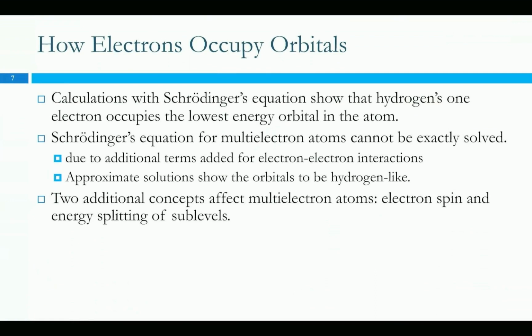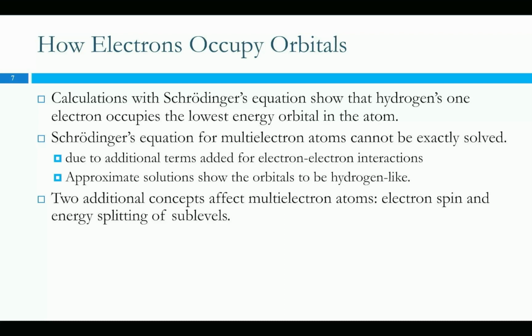And we talked about Schrodinger's equation. So for hydrogen, at ground state, so at its lowest energy, the electron occupies that lowest energy orbital in the atom, so the 1s1. And then it turns out you can't actually solve Schrodinger's equation for multi-electron atoms exactly. So you make approximations, and you can get solutions that at least are close to experimental observations.